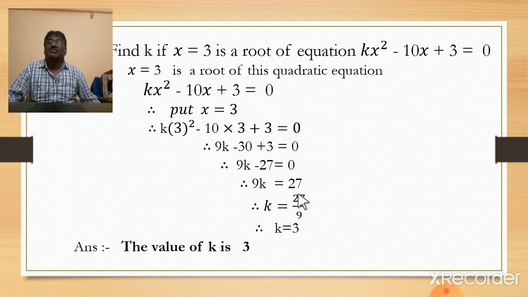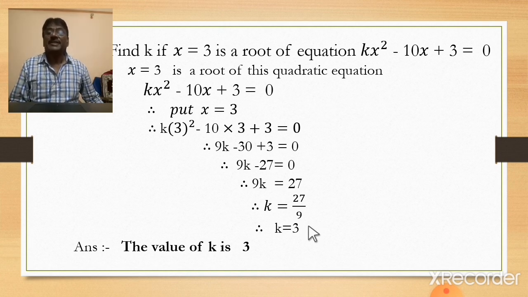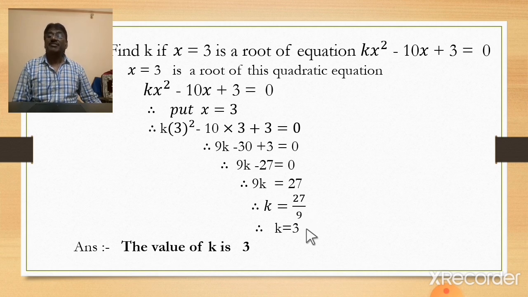Therefore 9k equal to 27, and therefore k equal to 27 upon 9. If you divide 27 by 9, then we get k equal to 3. And lastly we write the answer: the value of k is 3.